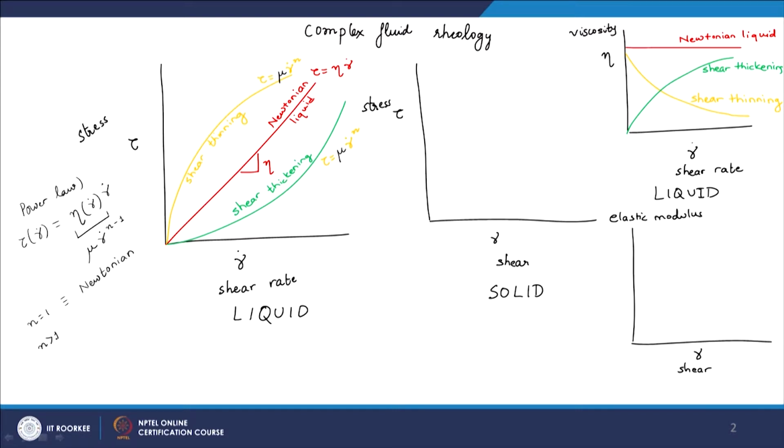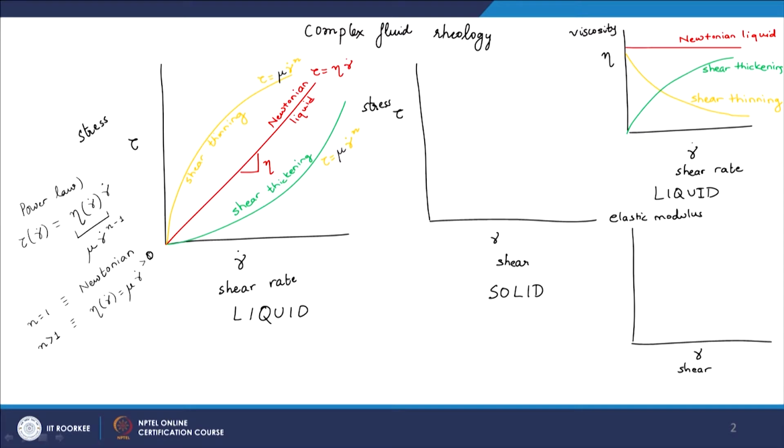When n is higher than 1, then we get eta as mu gamma dot to a power that is higher than 1. So, as I increase gamma dot, the viscosity will actually increase, as the power is greater than 0.